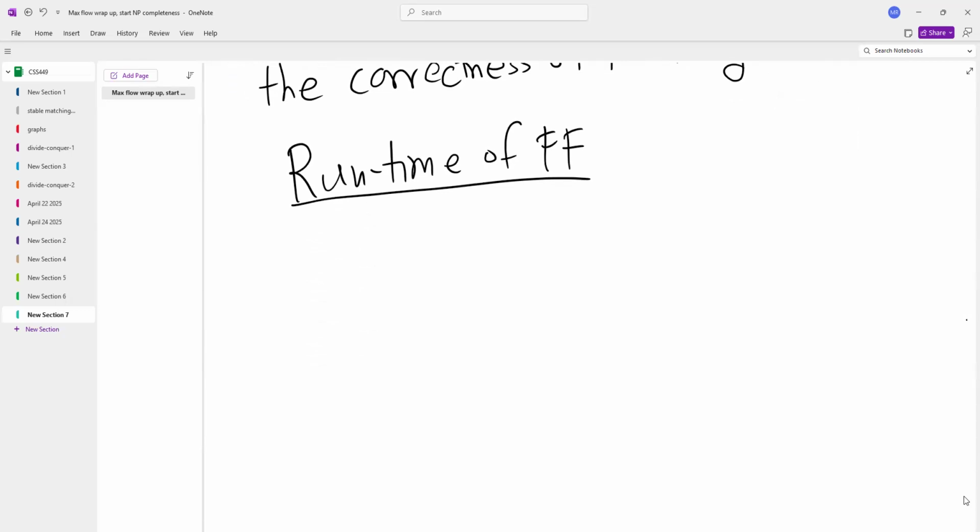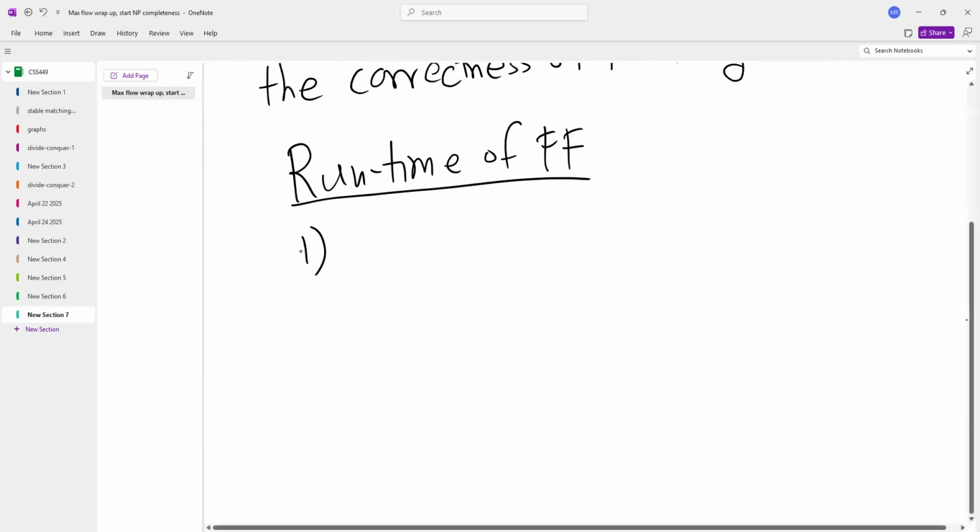Probably related to the capacity. Yes. So let's make an assumption first that the capacities are integers.